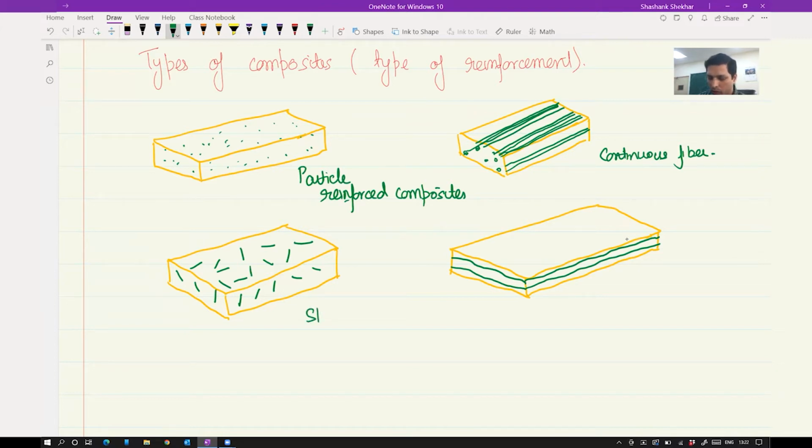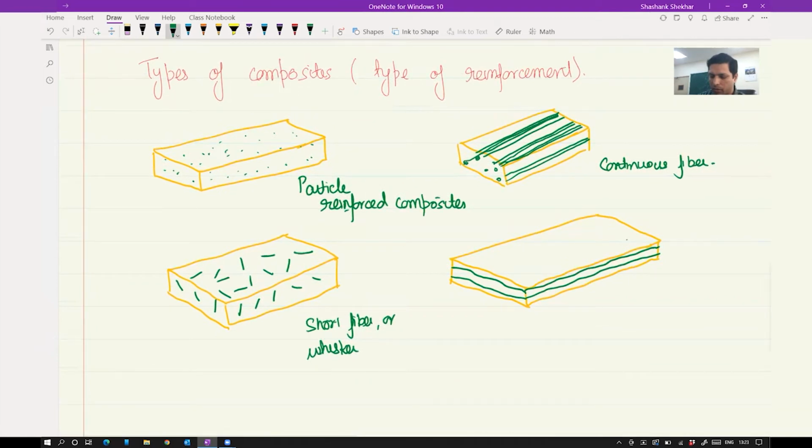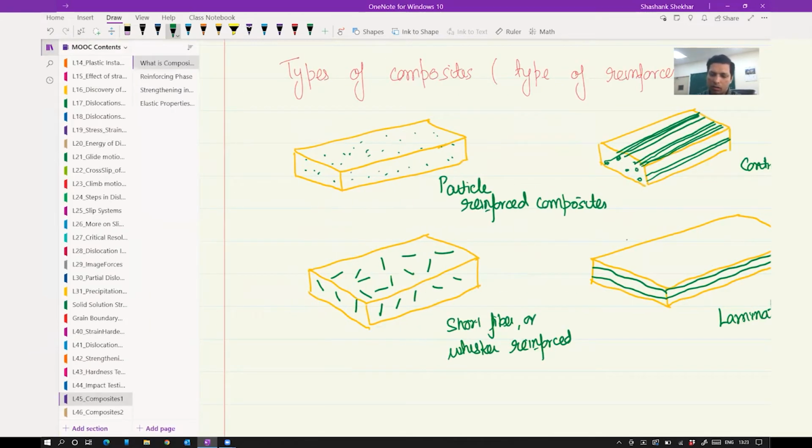This would be short fiber or whisker reinforced composites. And this is laminate composites. So this is the overall classification of the composites.